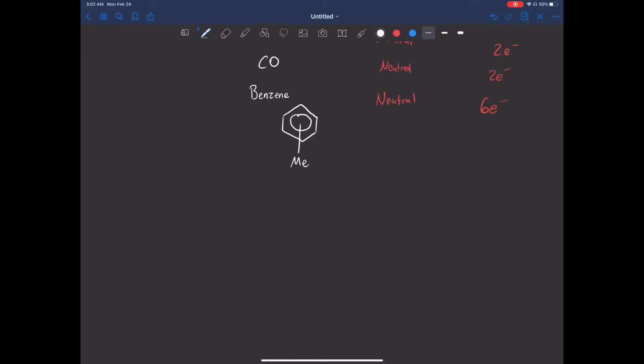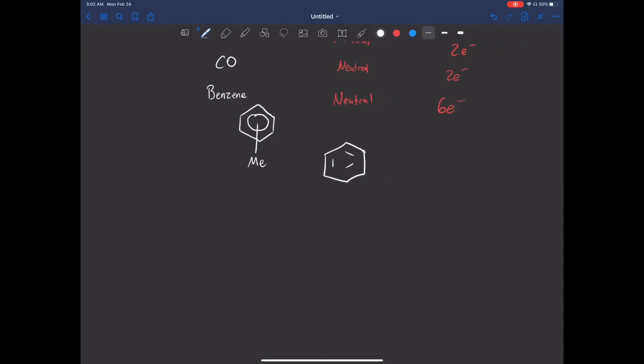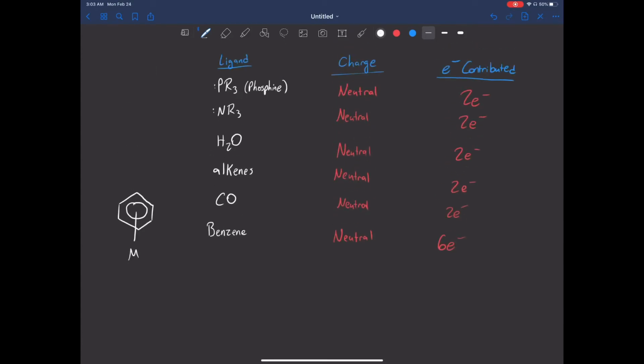And the reason it's 6 electrons is because if you think about it, benzene has 3 double bonds, right? 2 electrons, 2 and 2. So 2 times 3 is 6. That's where we get our 6 electrons. And it's bound at the center, so you could think of it as sharing those three double bonds. All right. And so that's how that benzene would look. I don't know why I wrote Me actually. It should just be M for metal. All right. Sorry about that. And so those are pretty much what you'd see as the neutral ligands. All right. And so remember what we call these guys.